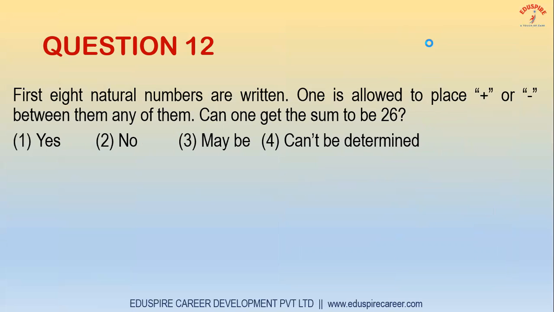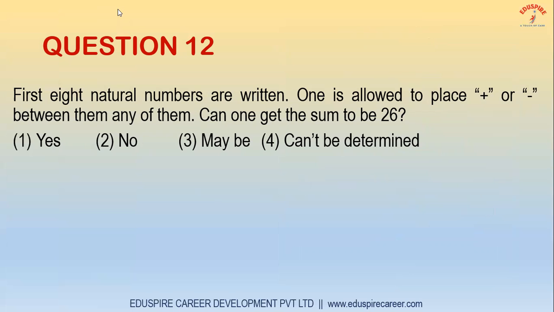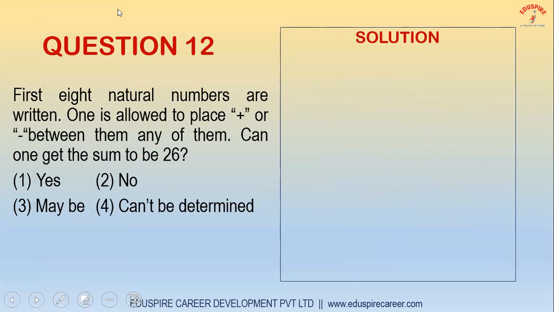This is question number 2, where they have said, talking about the first 8 natural numbers. Let's understand this. If I add 8 natural numbers, the summation is 36. Now the question is, I have to place a minus sign by changing the plus sign.